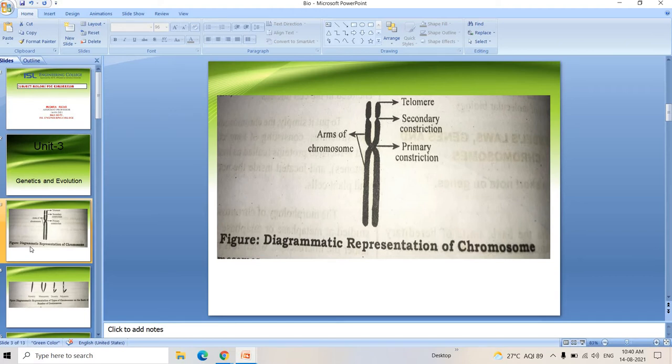This is the diagrammatic representation of chromosomes. Chromosomes is the topic we will continue in today's online session.